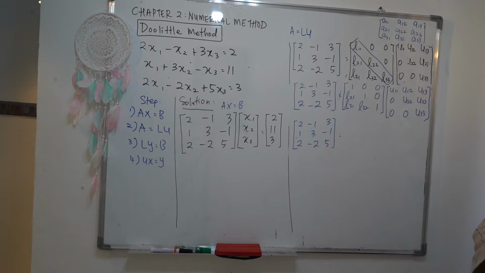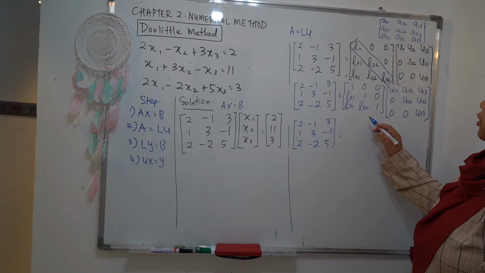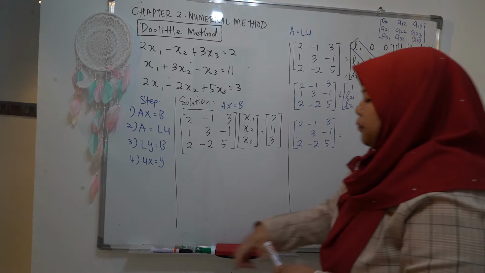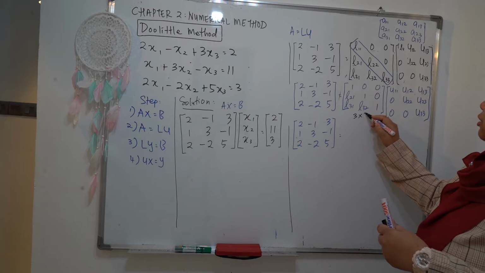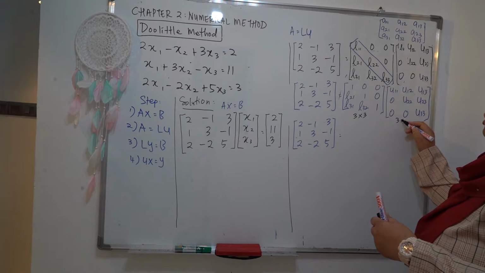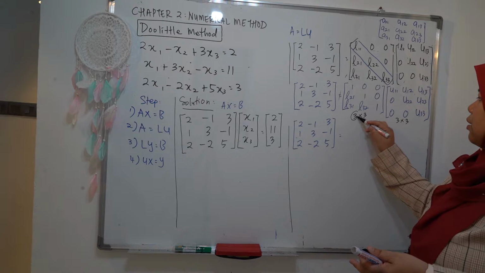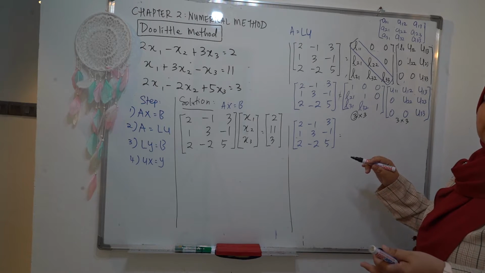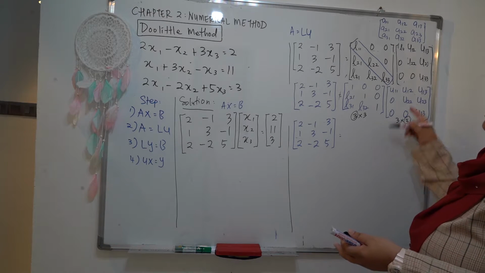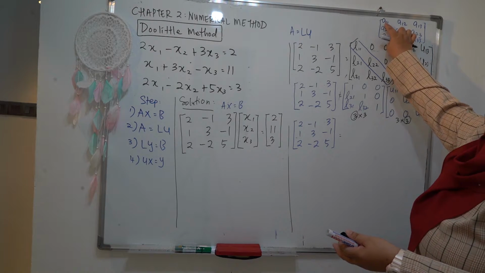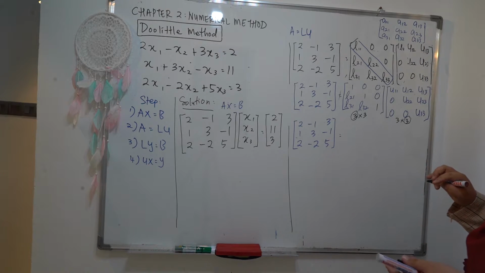Okay, so I have matrix L, I have matrix U, so we find the order. This is 3 times 3, and this is 3 times 3. So we know after we multiply, our matrix is also 3 times 3. So it's like this matrix, from A11 to A33.